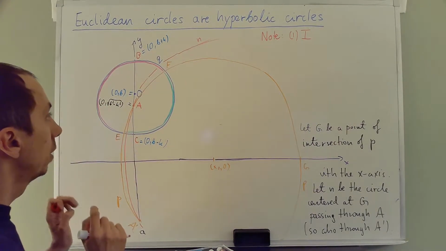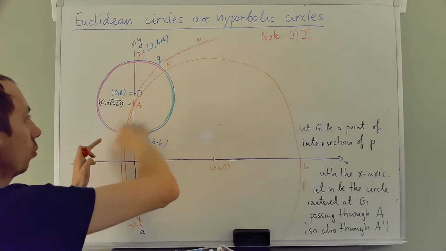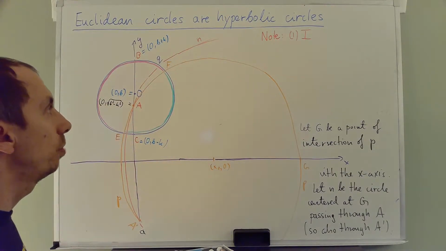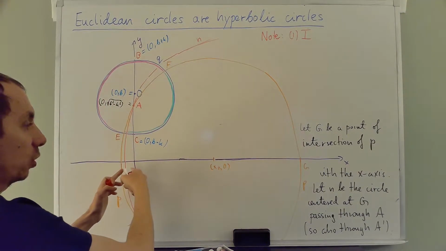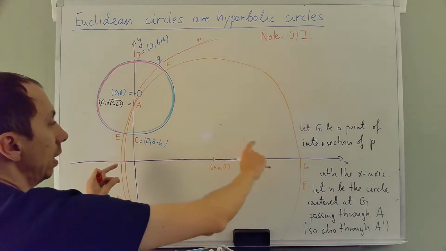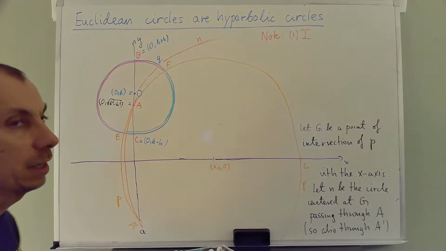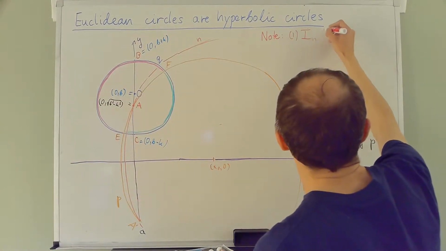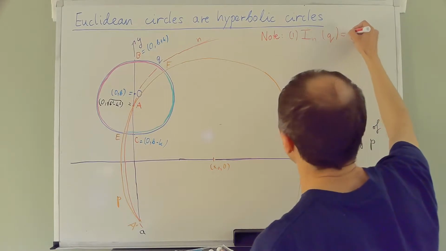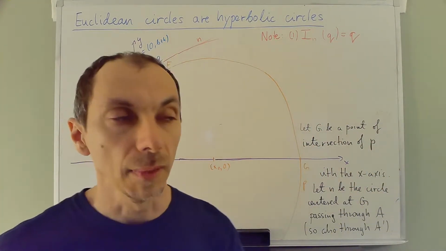And we proved that if I take the inversion with respect to P, the orange circle, of Q, I get Q back. But P was an arbitrary circle, so I can just as well use, in that same proposition, the circle N, and I would have gotten the same answer, right? So I want to note that I_N of Q is still Q, right?